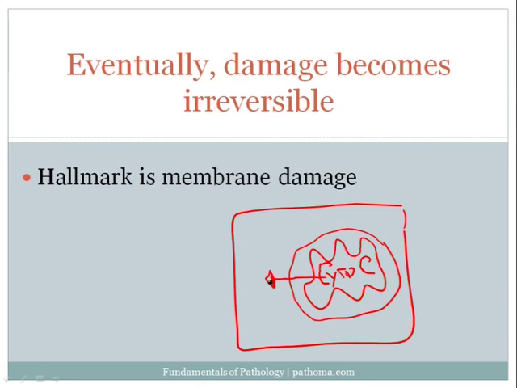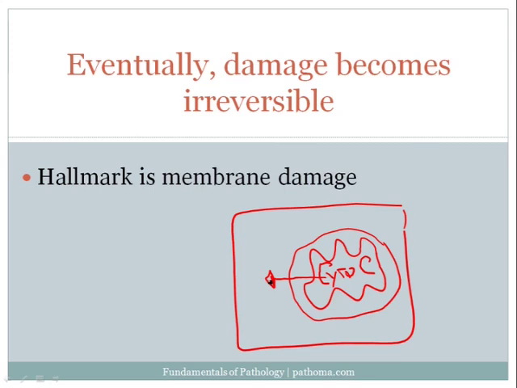And apoptosis is a mechanism of cell death. So another consequence of damaging the mitochondrial membrane is that cytochrome C can now leak out from the mitochondria into the cytosol. And when it leaks out into the cytosol, it will activate apoptosis, causing cell death. So that's another consequence of mitochondrial damage.